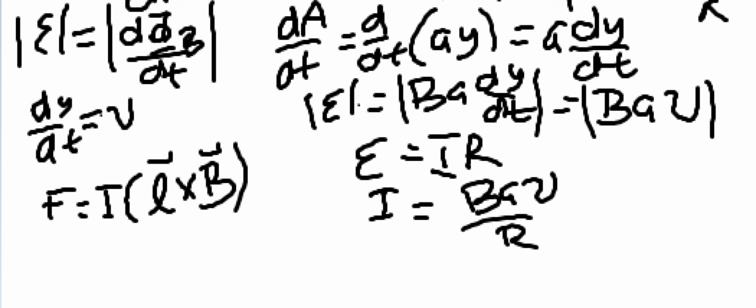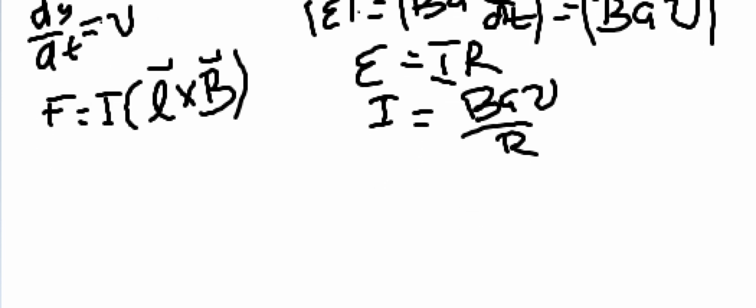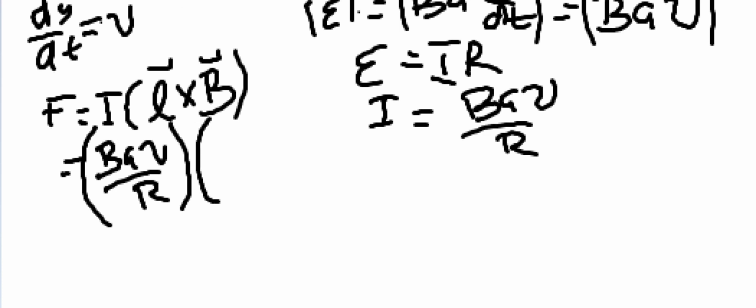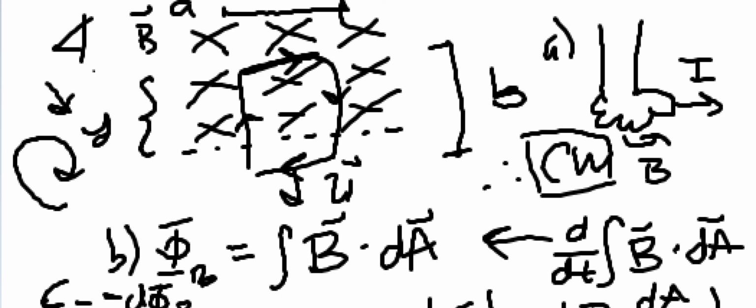Okay, so that's I. And now we can substitute that into the force. I is BAV over R. That is our first quantity. L is an unchanging quantity here. L represents, you guessed it, A, because that's the length that is not changing in this situation.